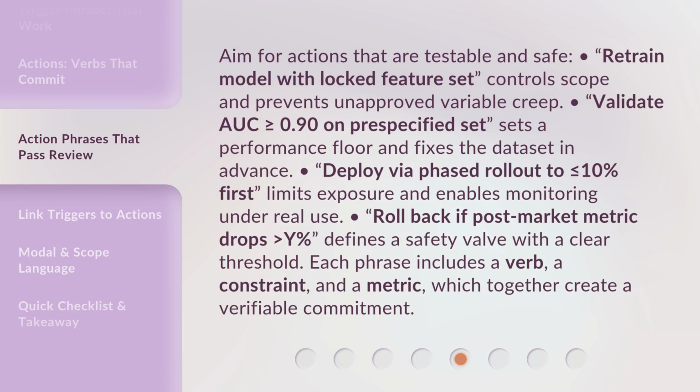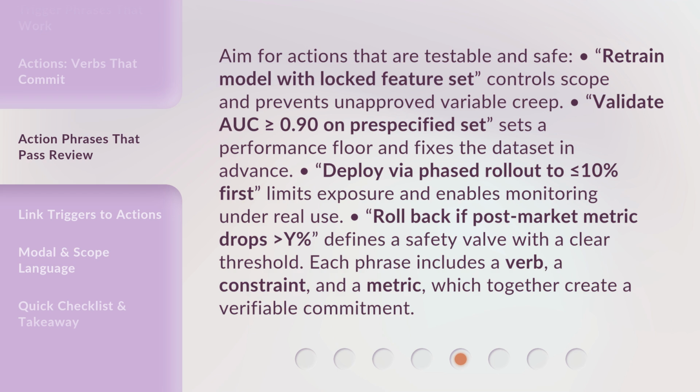Aim for actions that are testable and safe. Retrain model with locked feature set: controls scope and prevents unapproved variable creep. Validate AUC is greater than or equal to 0.90 on pre-specified set: sets a performance floor and fixes the dataset in advance.